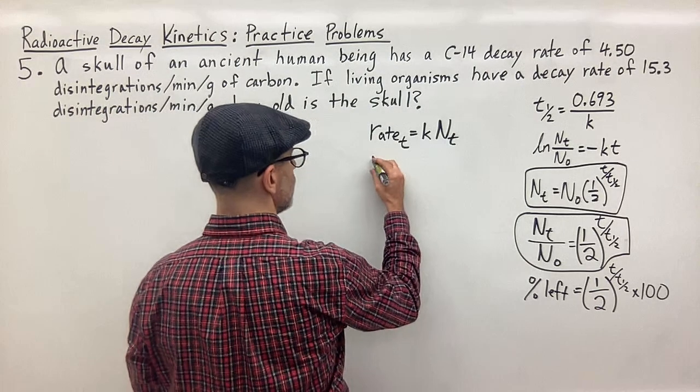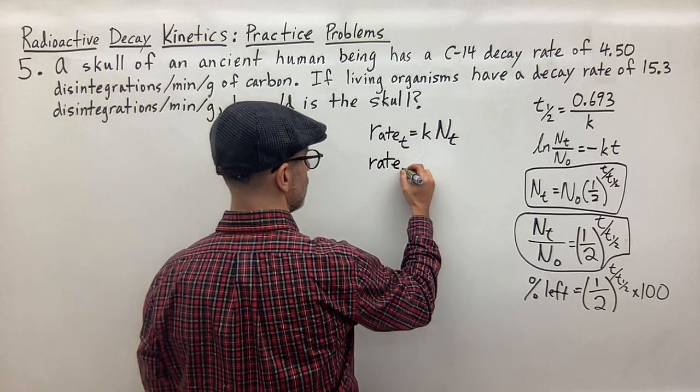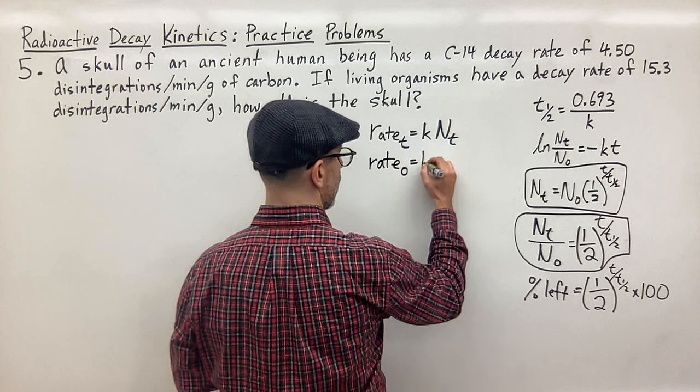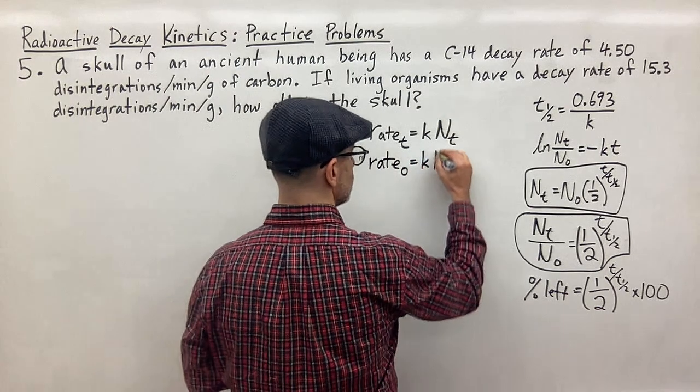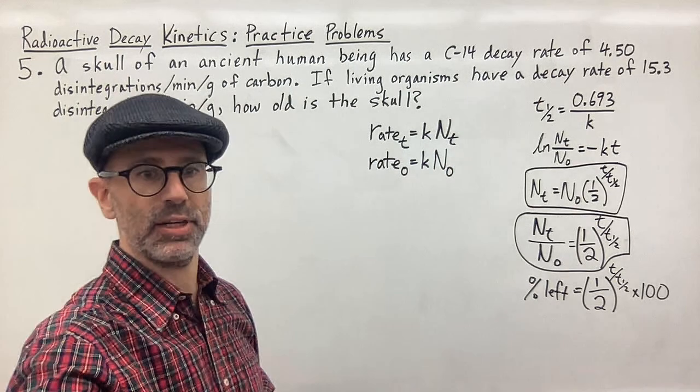And then we have this other rate. So the initial rate, rate naught, is equal to k times the initial amount that we have been given.